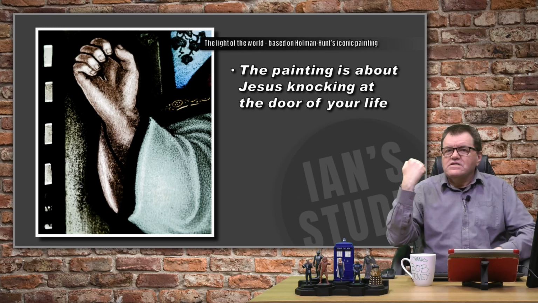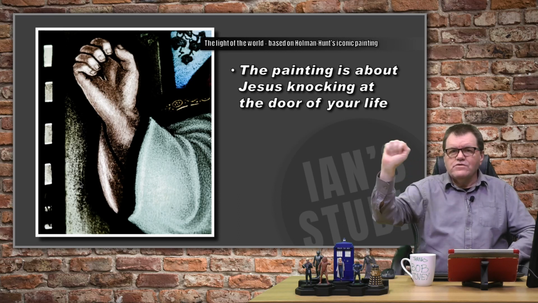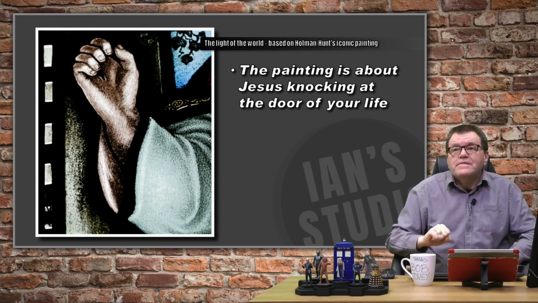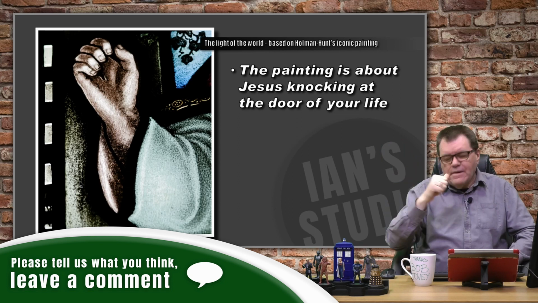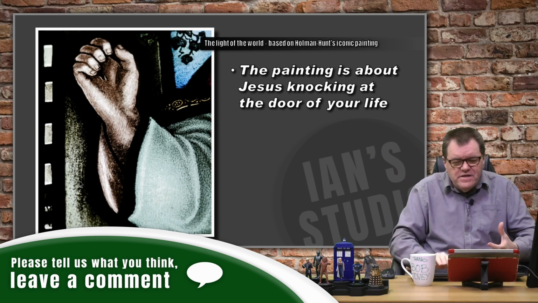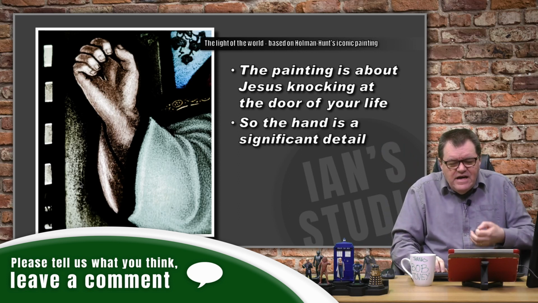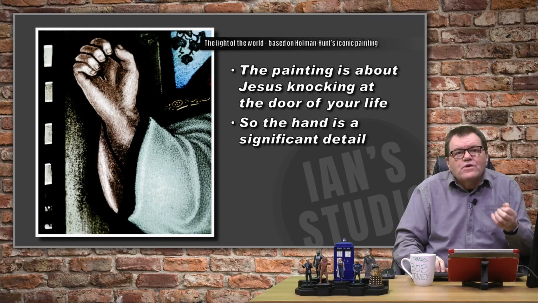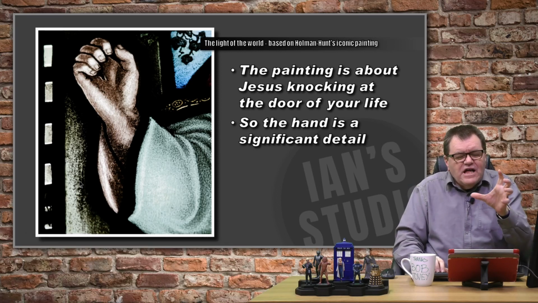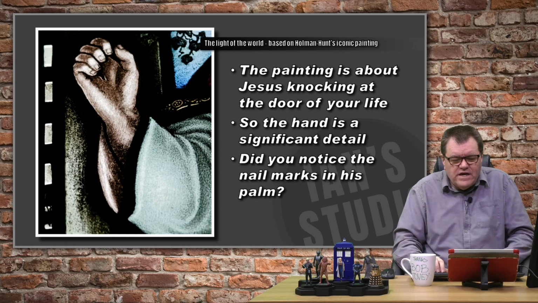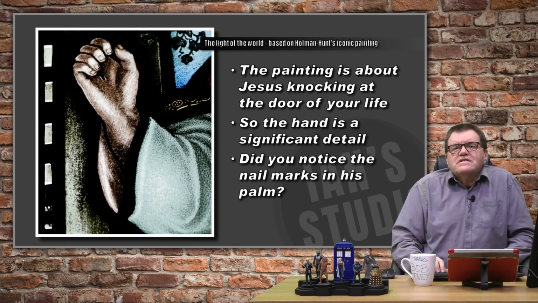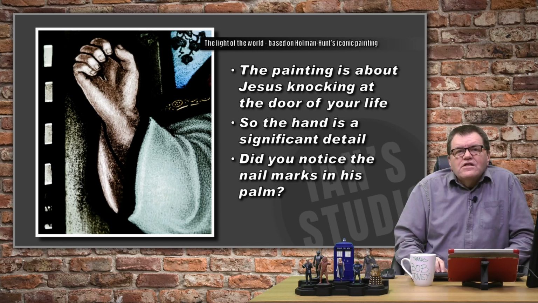And it's interesting, it's knocking that way as opposed to knocking that way. It's a gentle knock, isn't it? Again, that comes out from the detail on there. The hand's significant to it. So photographing the detail helps us tell that story. And one other detail there, did you notice the mark of the nails in his palm?